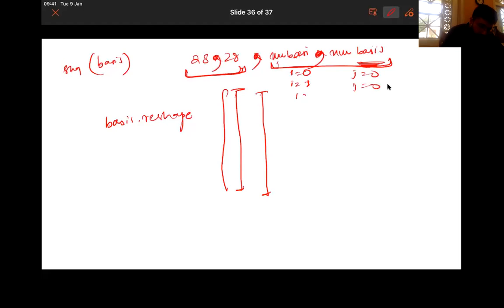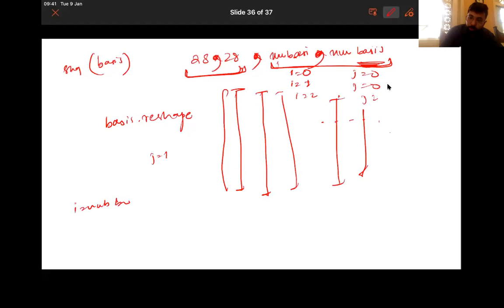Then i equal to 2, j equal to 0, until you reach i equal to num underscore basis. Then it would make j equal to 1, and again start with i equal to 0, stack it here, and it would repeat until all of these images are stacked. Does it make sense?